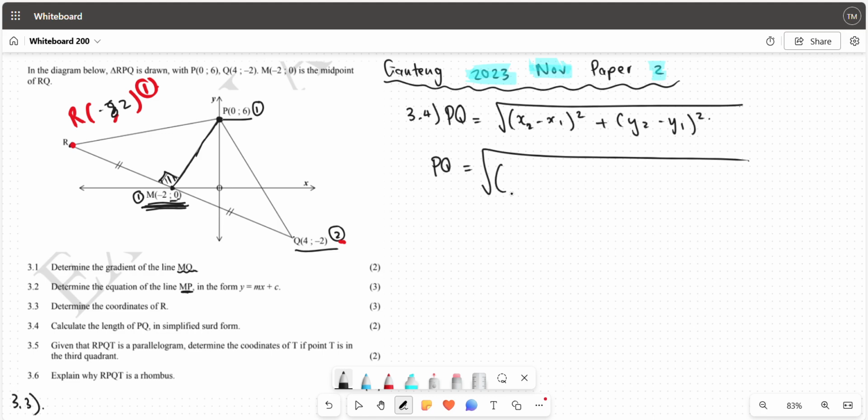So my x of the 2 is the 4. That is subtracting the 0 squared. The y of the 2 is the negative 2 there. That is subtracting the 6 squared. And if I plug this into my calculator, let's see what I get.